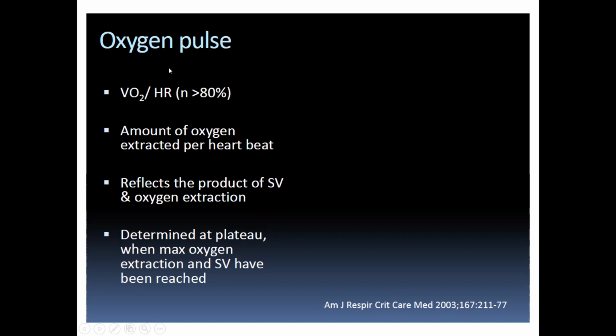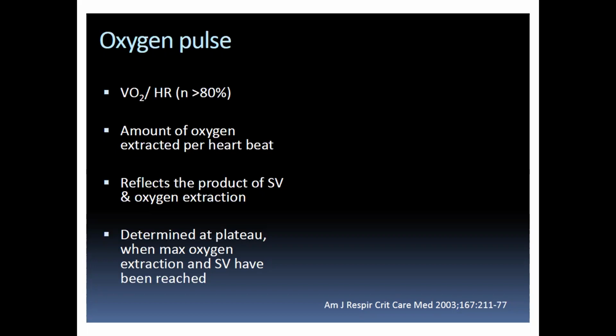I will talk about plateauing in just a moment when I show you the O2 pulse curve. Sometimes early on during exercise, you have a plateau of the O2 pulse curve. Usually it goes up, but it plateaus early. What it means is that with increasing work rate, your stroke volume is not augmenting.